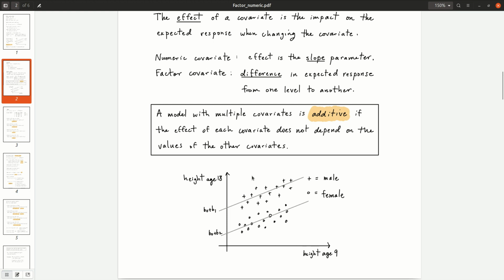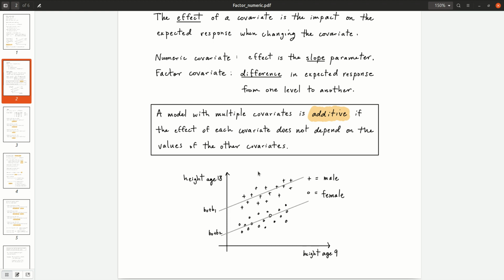So if we pick a value of the height at age 9 variable, which is the example I'm using here, the expected response when height is this for a female is this value on the gray line right here. And then the effect of changing to male would be to increase the expected response by this amount, which is the difference between the two lines at this value of the covariate.